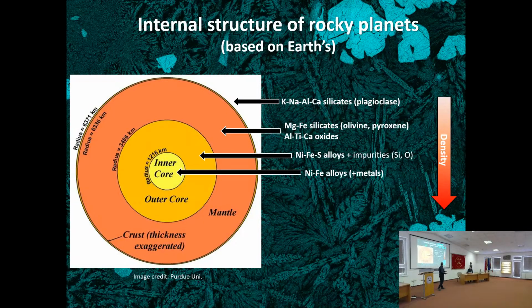Then we go deeper into the outer core. We have iron, nickel alloys with sulfur. And eventually, in the inner core, we have nickel and iron alloys. Elements sorted according to density.